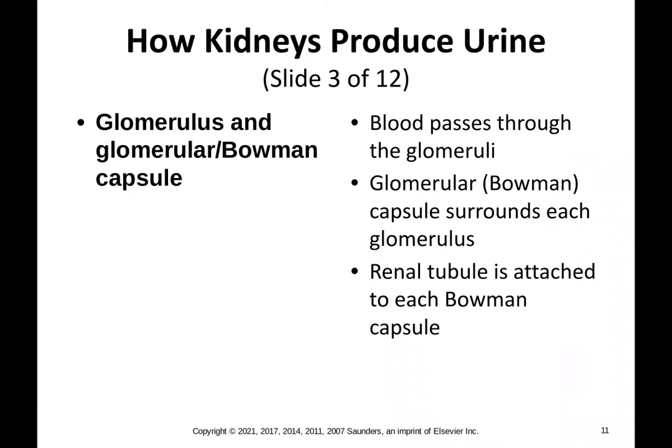The glomerulus and glomerular Bowman capsule. So this is where the blood passes through the glomeruli, and the Bowman capsule, glomerular, surrounds each glomerulus. The renal tubule is attached to each Bowman capsule.